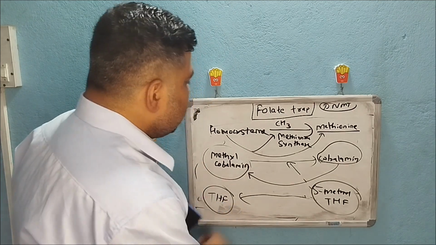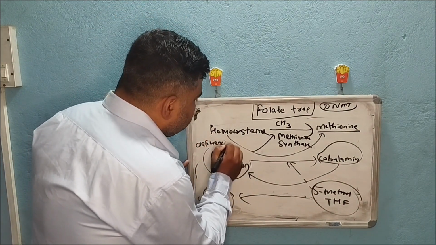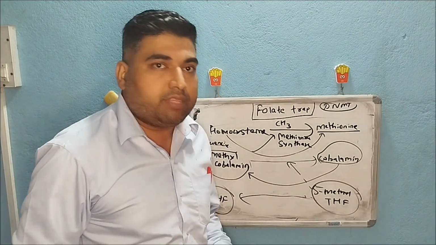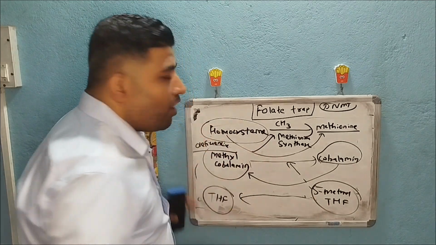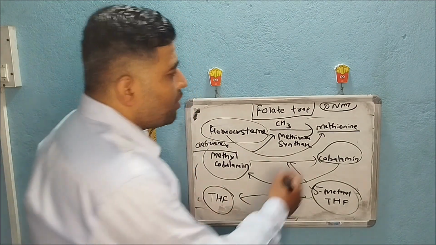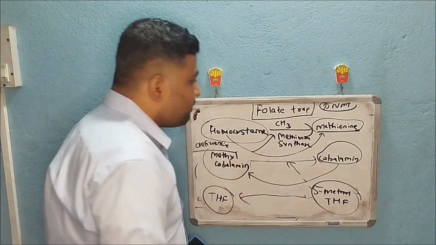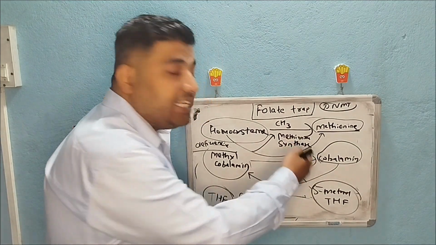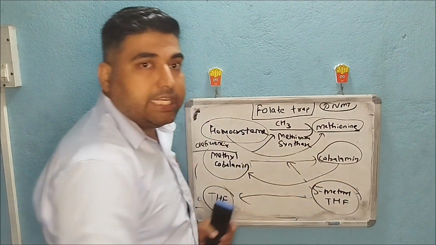Now, in case of deficiency of methylcobalamin or vitamin B12, the homocysteine formed during methionine metabolism cannot be converted into methionine, because there is no methylcobalamin for the methionine synthase required during the conversion of homocysteine to methionine.